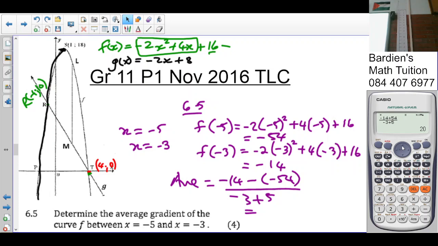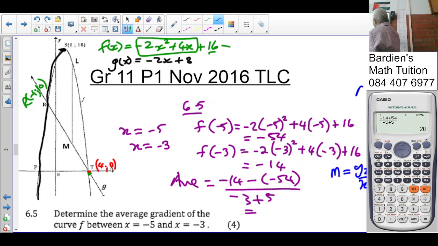You must remember, if you look at the gradient, okay, the gradient was y2 minus y1 over x2 minus x1. If you go with a and b, if that's x and y, and b is x and y. If you made this x1, that must be y1. If this is x2, that must be y2, and vice versa.